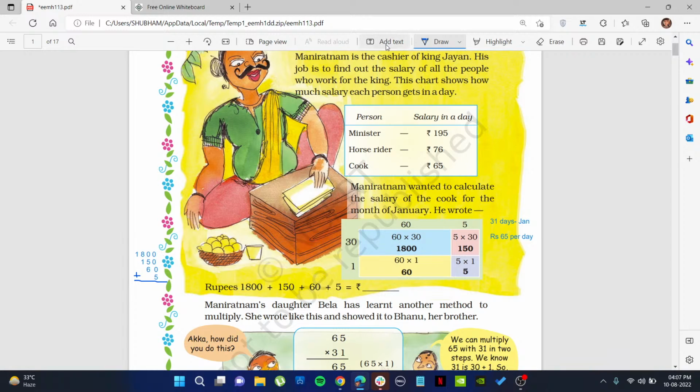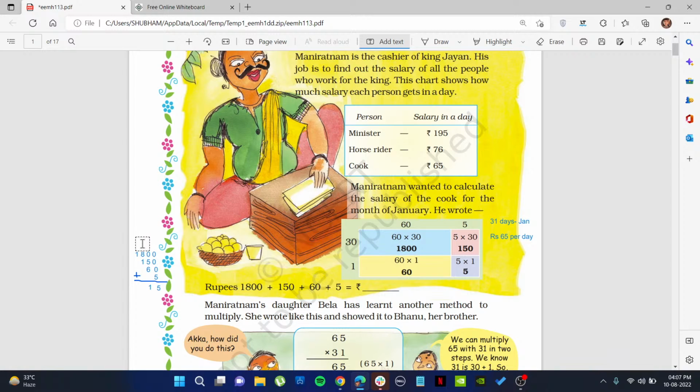So here we get, here it would be 5. Similarly, we will be adding 5 with the 6. 5 add 6 gives us 11. So here we will be writing 1.